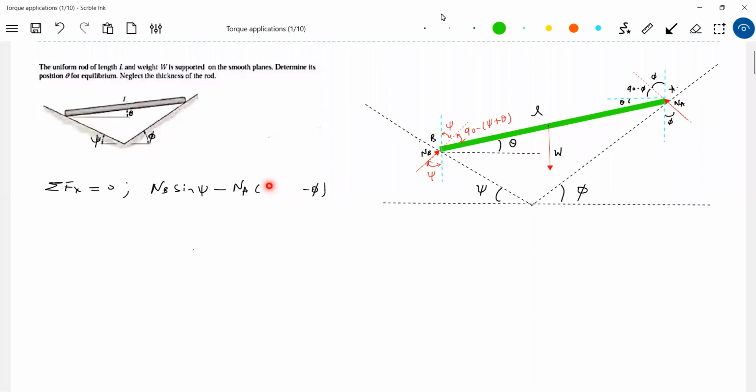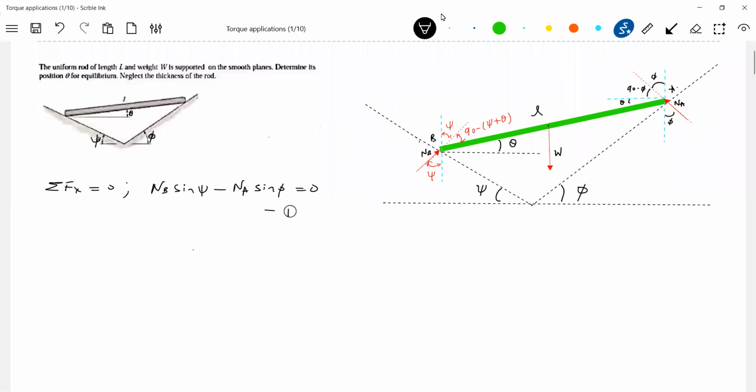Or directly, this one, sine phi: it will make an angle phi with the vertical, so the horizontal component is equal to this much. So this is equal to 0. Call this equation 1.